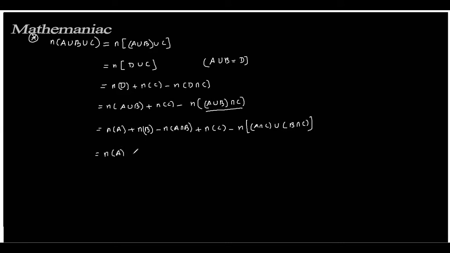N of A, n of B, n of A intersection B, and then n of C, and then this is union. So again, you apply the formula. What formula? N of A intersection C, then n of B intersection C minus n of intersection of this.